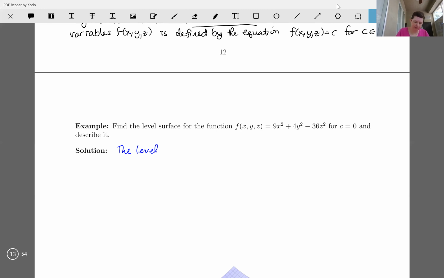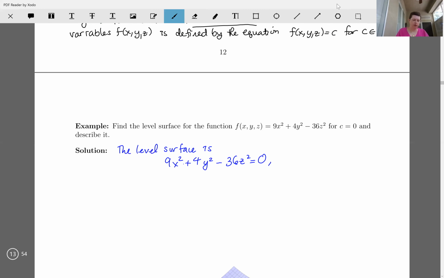So the level surface is 9x squared plus 4y squared minus 36z squared equals 0. Or doing a little algebra, we could do a little bit of algebra, or we can recognize this as an elliptic cone.